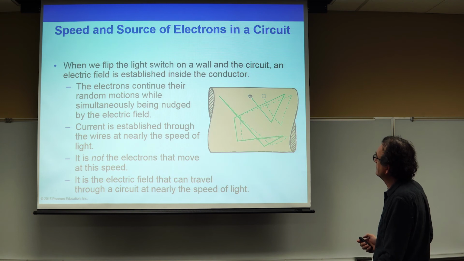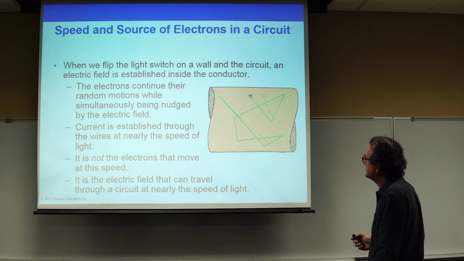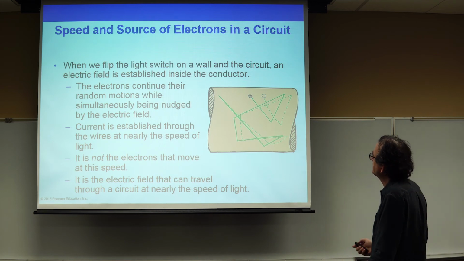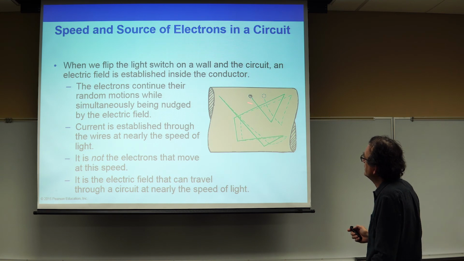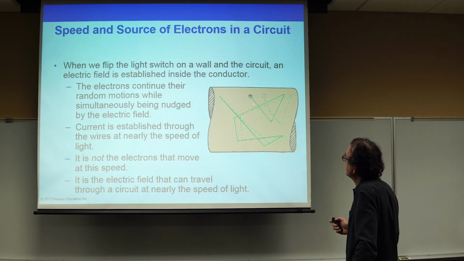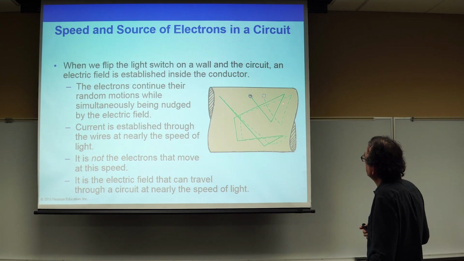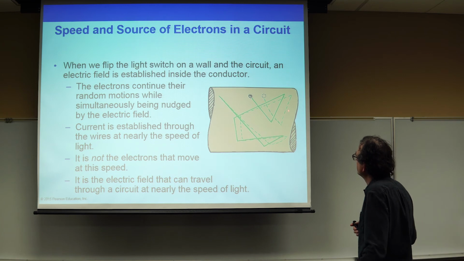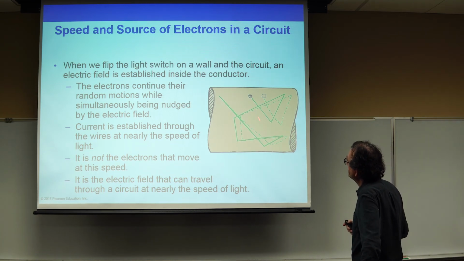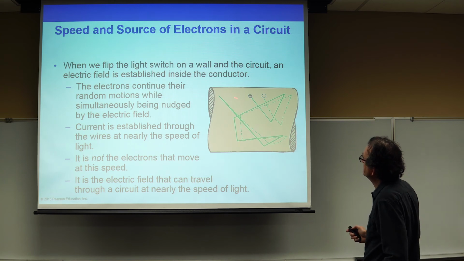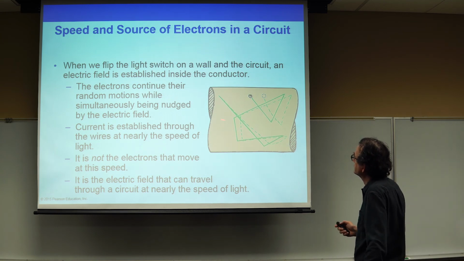The electric field, the voltage, is established instantaneously when we flip the switch that closes the circuit, but the electrons themselves undergo random motion with some migration in the correct direction. Every time they bounce or hit an object, a nucleus of the copper atom, they ricochet, which tends to randomize their direction. Now, on average, they will keep moving in the right direction given by the electric field.